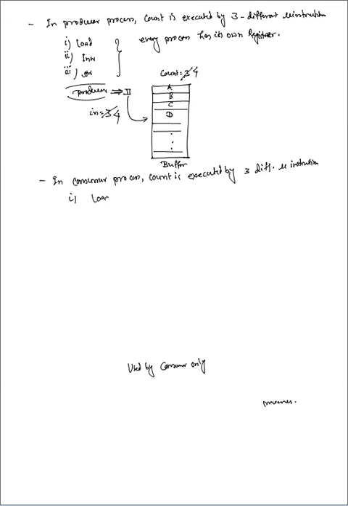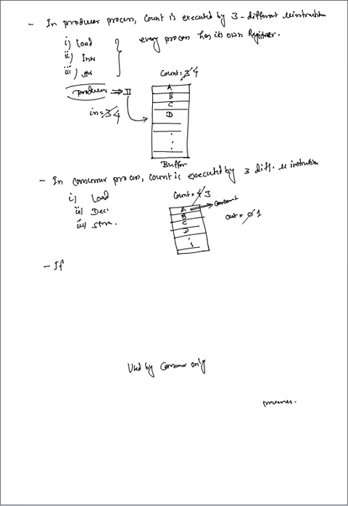Same: load, decrement, store. A, B, C, D. Here count equals 4, out equals 0. So if we consume this item, what will change? The count value will be decreased by 1, the out value will be increased by 1. Means the next data item is B, which is going to be consumed.